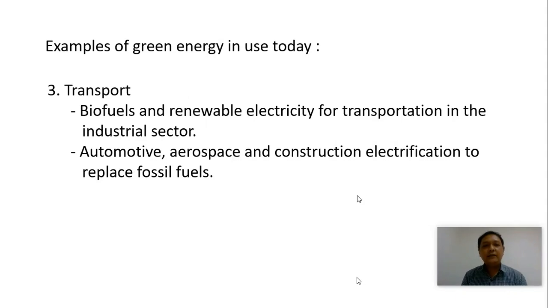Number three, transport, like biofuels and renewable electricity for transportation in the industrial sector, or like automotive, aerospace, and construction electrification to replace fossil fuels.